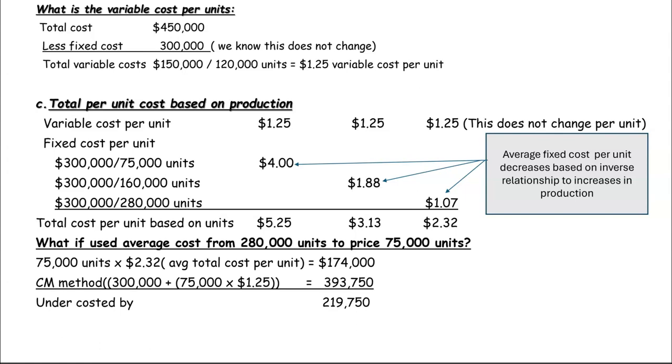The truth of the matter is, it really costs $393,750. So, if you used only average costing, you would have undercosted those 75,000 units by $219,750. That's why you have to be very careful not to use average costs in total without breaking out how much is fixed and how much is variable.